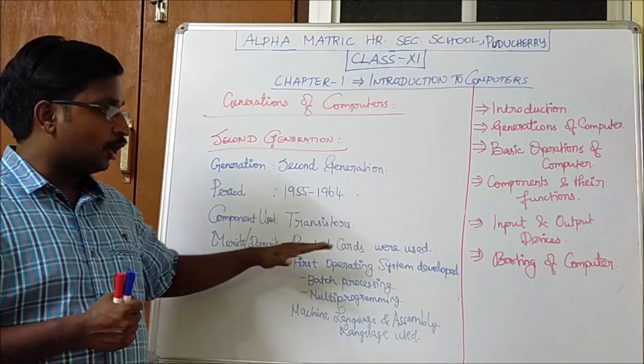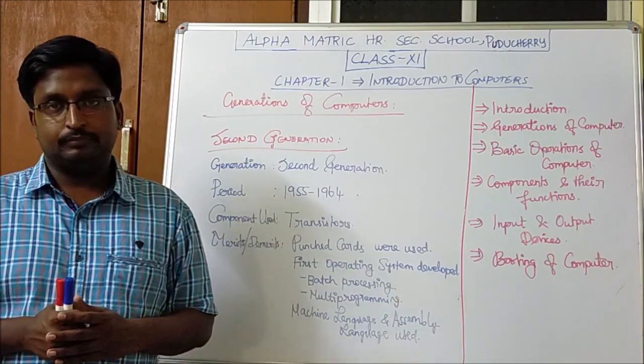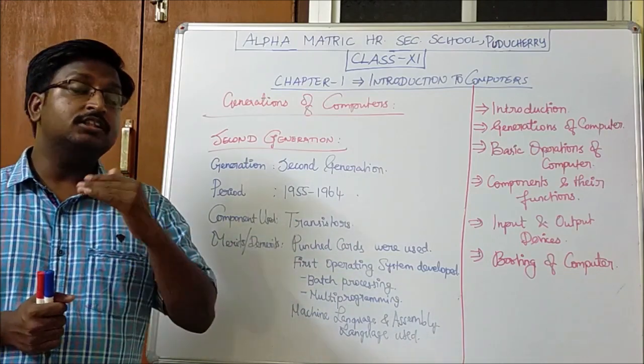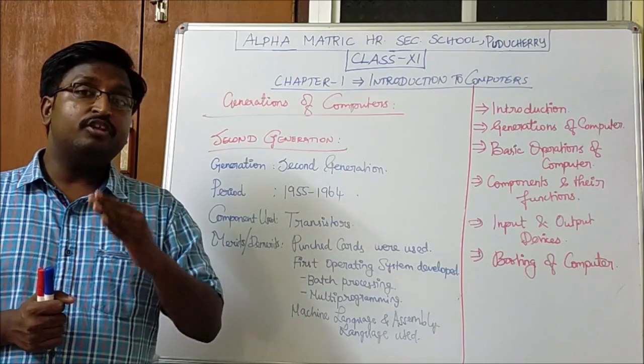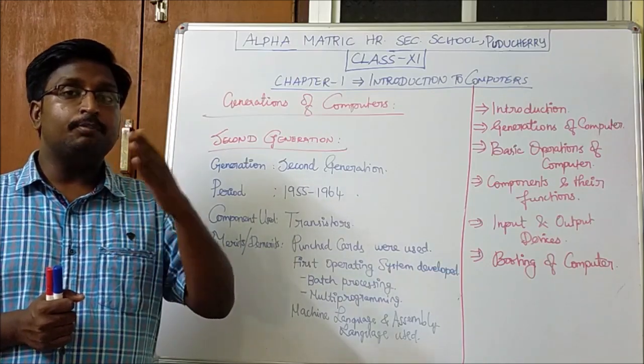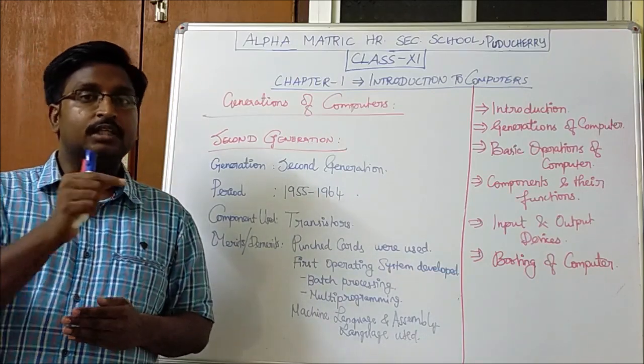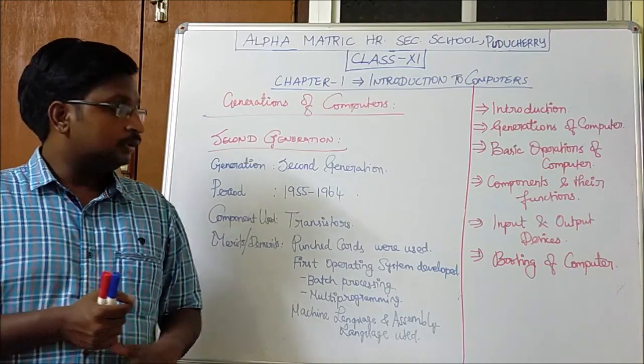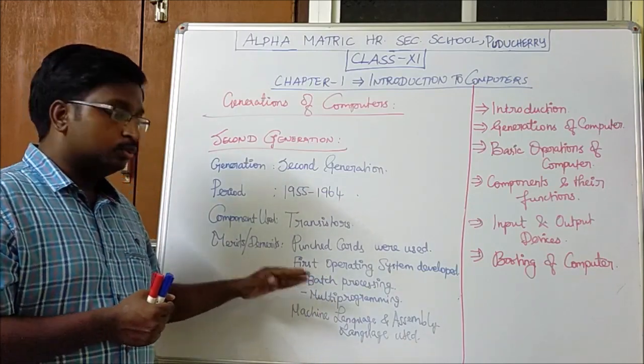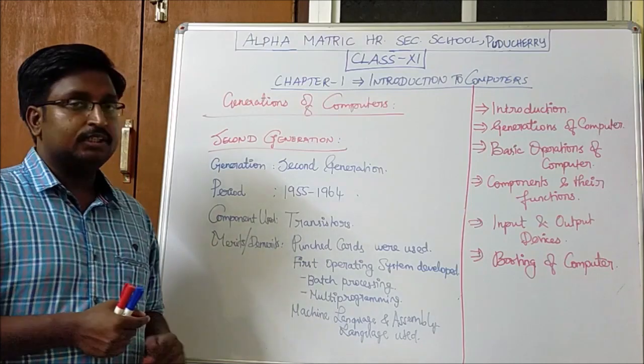Next, the first operating system was developed. The first operating system helps the computer to initiate the process, to start the computer. There they used two concepts. One is batch processing.